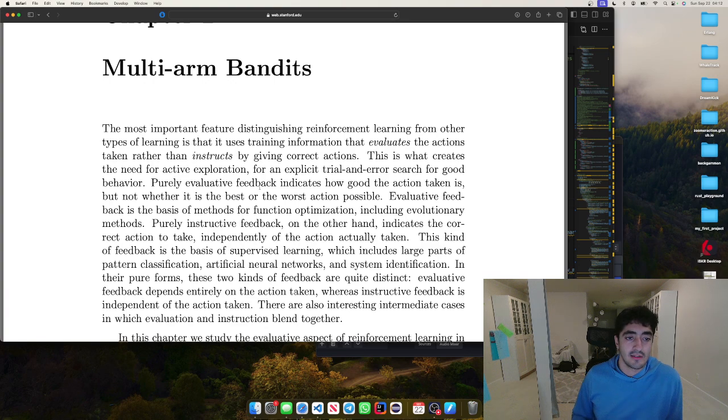This is what creates the need for active exploration, an explicit trial-and-error search for good behavior. Purely evaluative feedback indicates how good the action taken is, but not whether it is the best or the worst action possible.